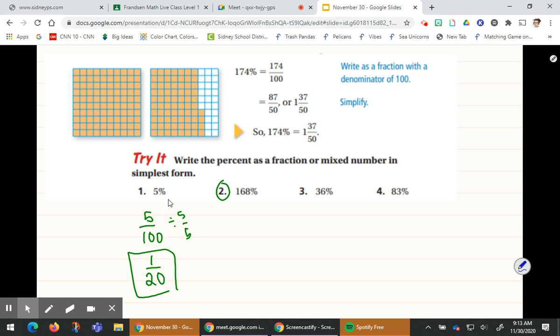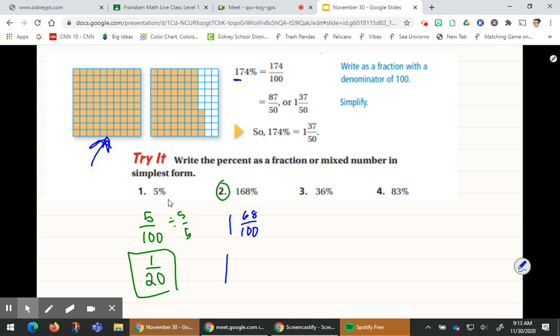So on this one, if you have more than 100%, you have a full set of 100, right? So your answer has to have a whole number in it. This has 168%. So this is the mixed number.